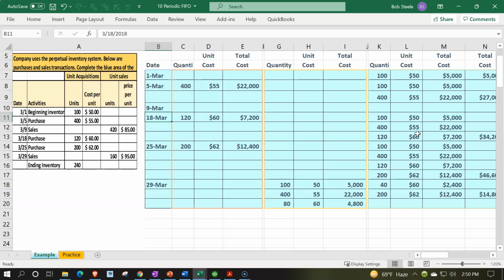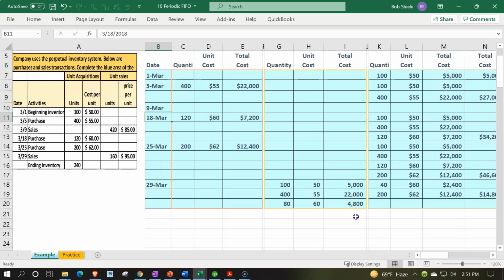That could be the end of the night, that could be the end of the week, that could be the end of the month. You probably want to count it fairly regularly, however, and then you will determine based on the physical count how many you have sold, and then you'll make an adjustment on a periodic basis, which will be adjusting the cost of goods sold and the inventory on a periodic basis.